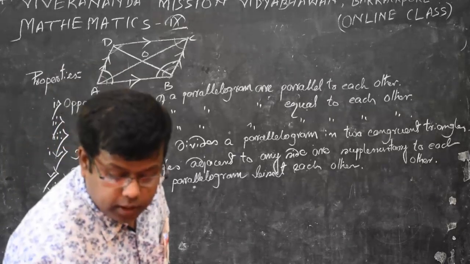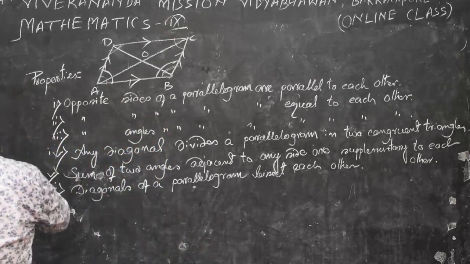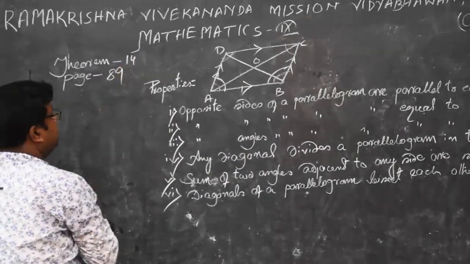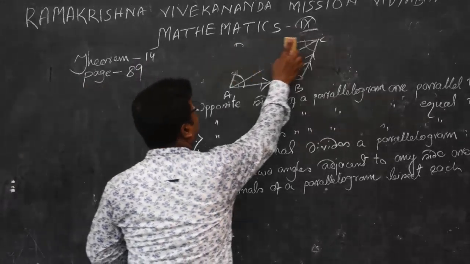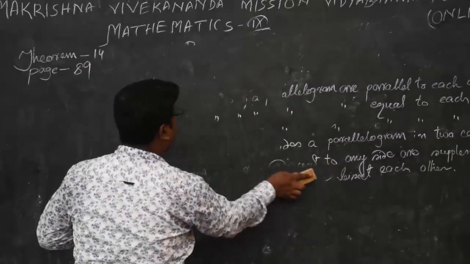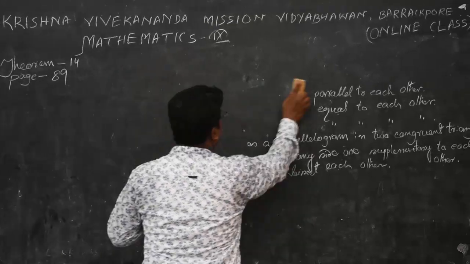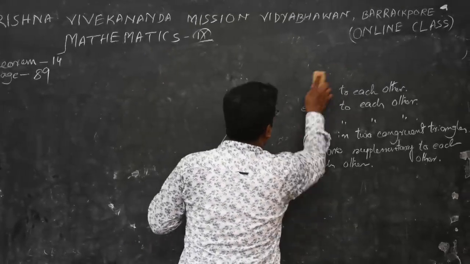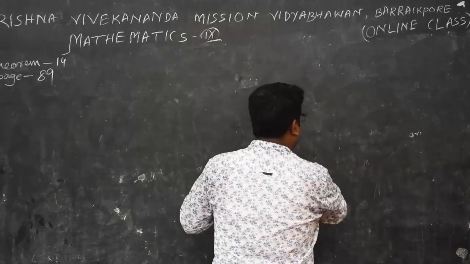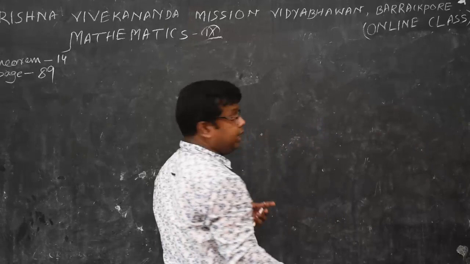It is given in page number 89. What is the summary of the theorem? Summary of the theorem is, in any parallelogram, any diagonal divides the parallelogram into congruent triangles. Opposite sides are equal and opposite angles are equal.